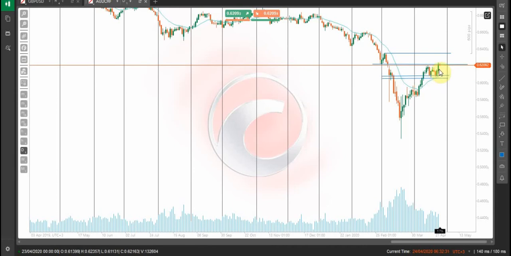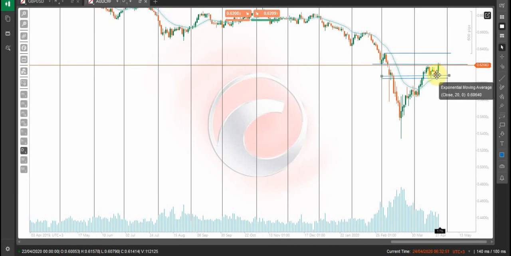Because if there is a pullback of around 50% from when it went down, then what happened? It went down and it went 110%. Pullback. So meaning to say, right here, the bulls are getting stronger.